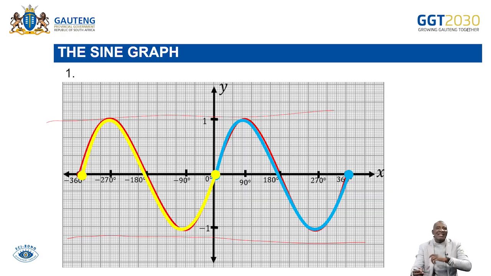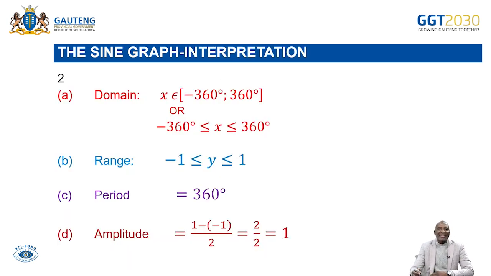It's trapped between those two lines. Right, so our range is negative 1 to 1 inclusively, because that's where it exactly starts and that's where it exactly ends. So our y values are trapped between negative 1 and 1 inclusively.